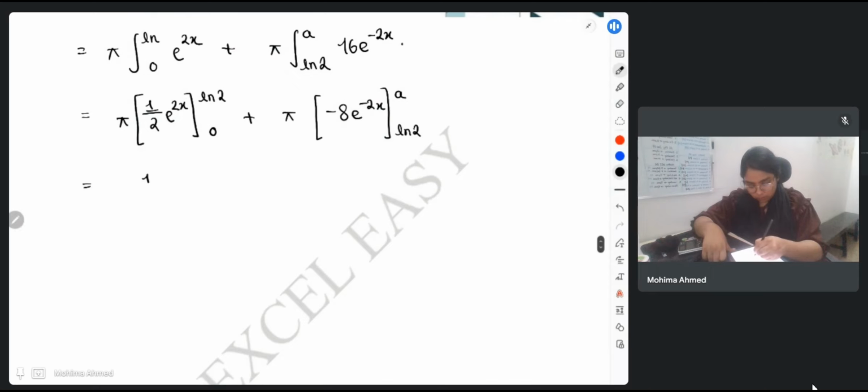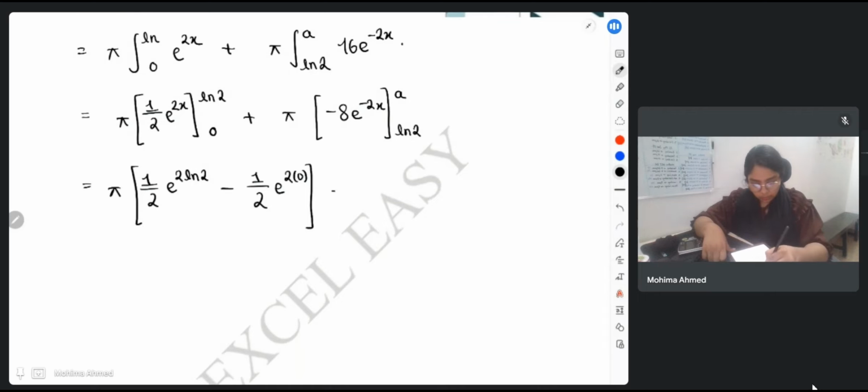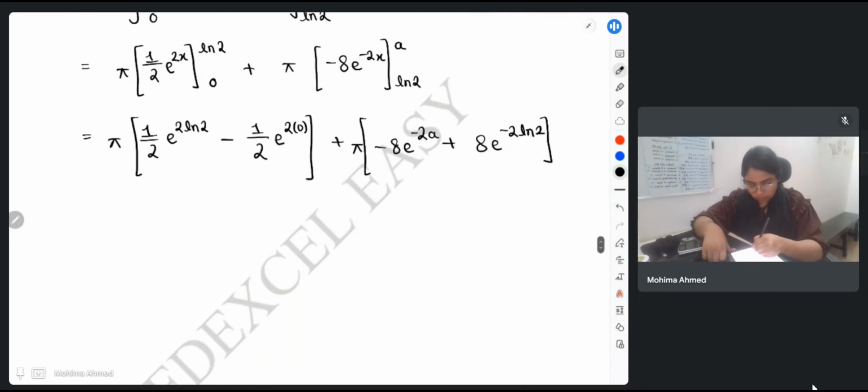For example, over here at first you have half e power 2 ln 2 minus half e power 2 multiplied with 0. This entire expression was multiplied with pi, and then again plus minus 8 e power minus 2a, minus would be just positive in that case, so I'll just directly write positive 8 e power minus 2 ln 2, and again this was also multiplied with pi in front.